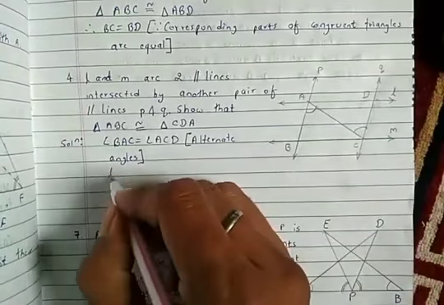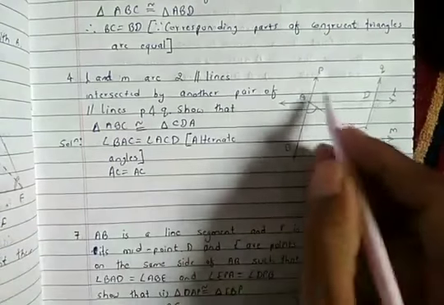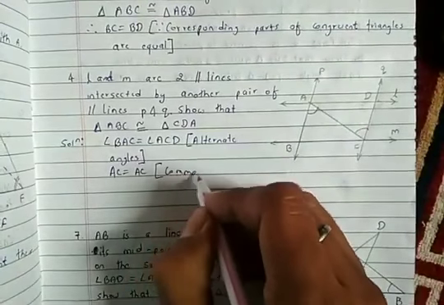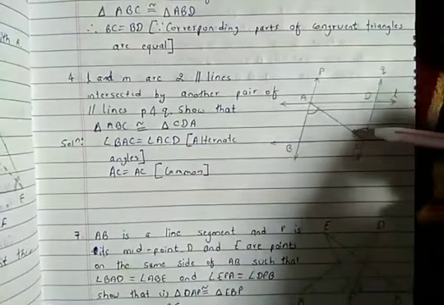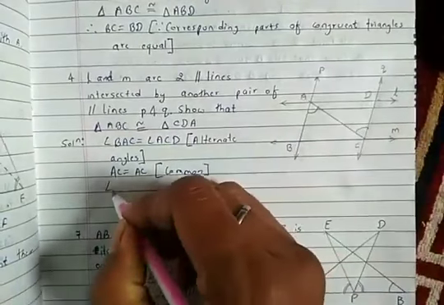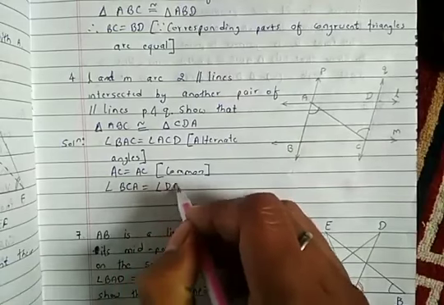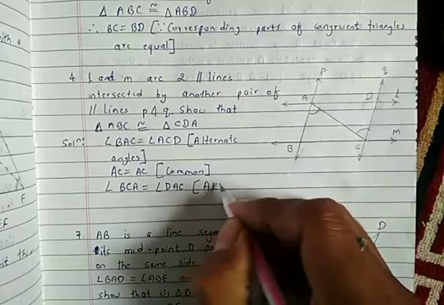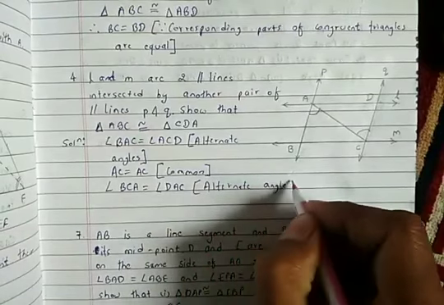Now AC is equal to AC, right? It is common. Why? It is common, right, for both these triangles ABC and ACD. Now angle BCA equal to angle DAC. How you can say that? They are also alternate angles, right?